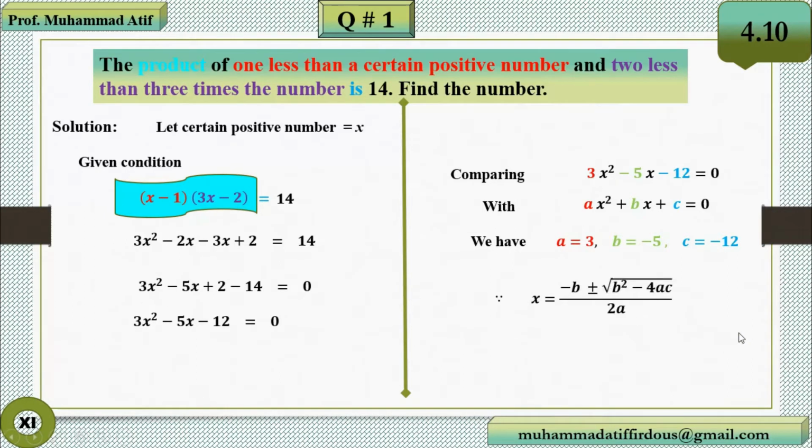So we use the quadratic formula for a quadratic equation, which is x equals minus b plus or minus the square root of b square minus 4ac, over 2a. Just replace the values of a, b and c in this formula. We have b equal to minus 5, a equal to 3 and c equal to negative 12. Just simplify this, you can use your calculator.